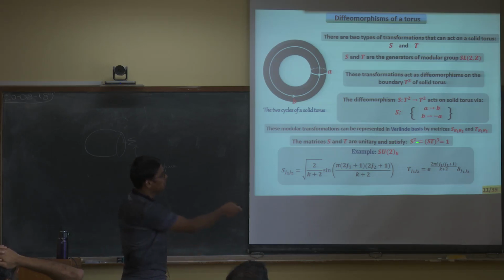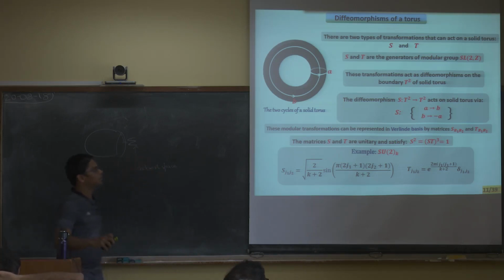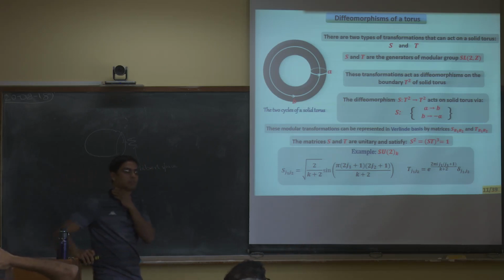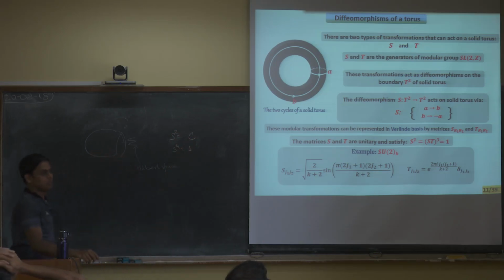If I just take that definition of S and act on it twice, you get minus. S squared is C, and S to the power 4 is 1. For a general group. For SUN, this is true. S squared is identity.